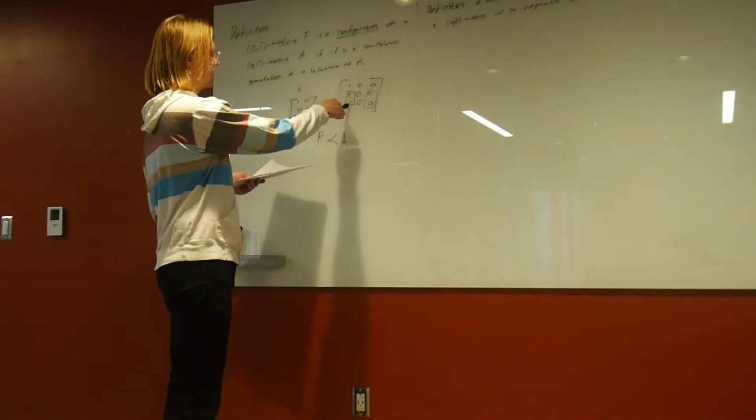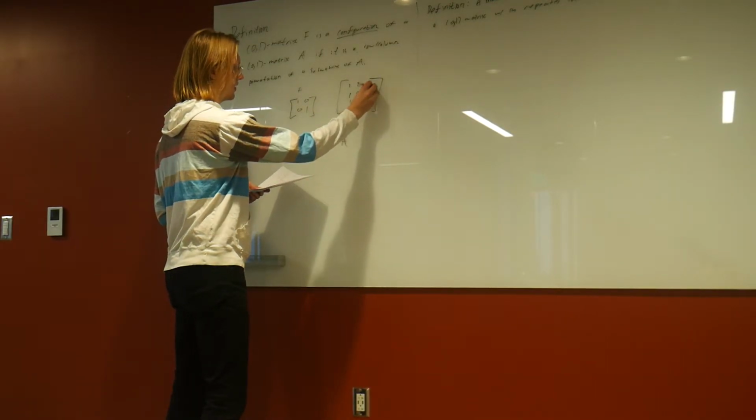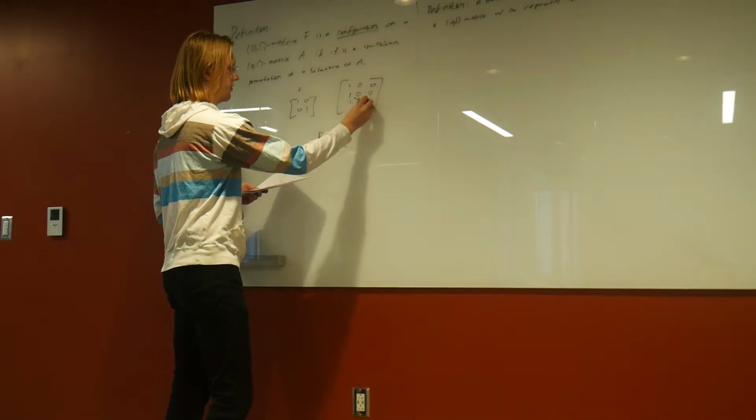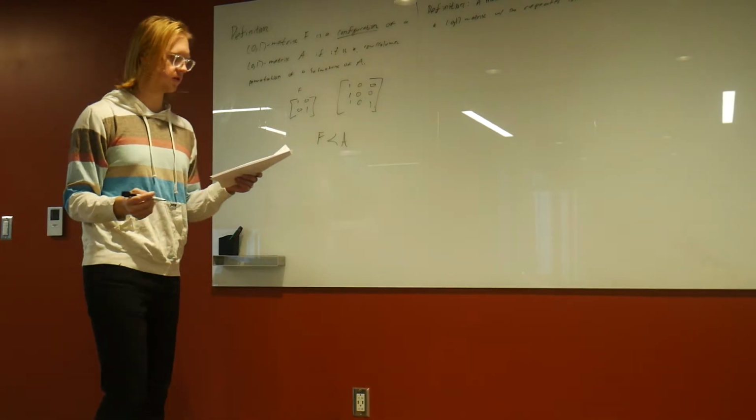So, for example, this matrix that I have here is not simple because the 0, 0, 0 column is repeated twice. If I replace one of these by 1, then this matrix is indeed simple.